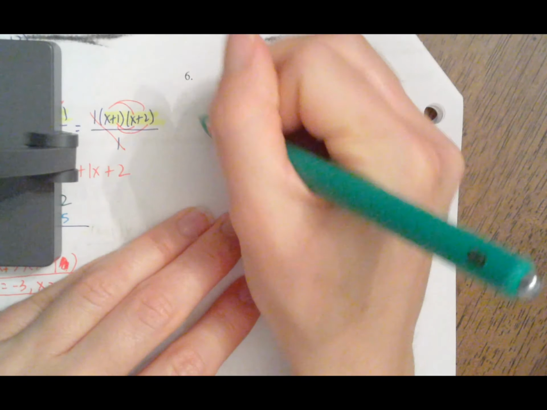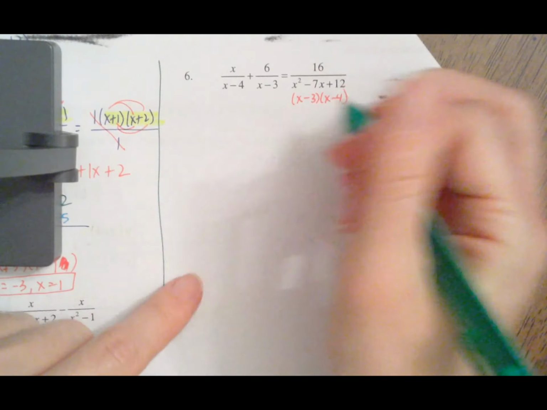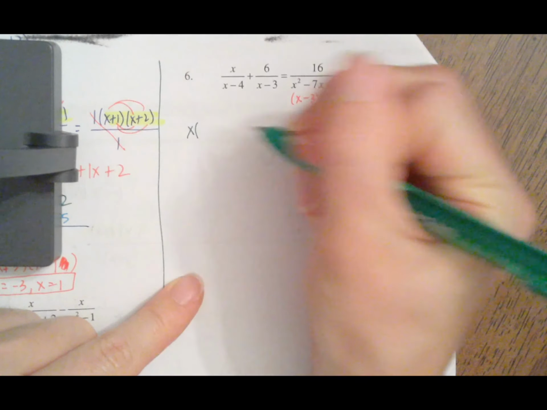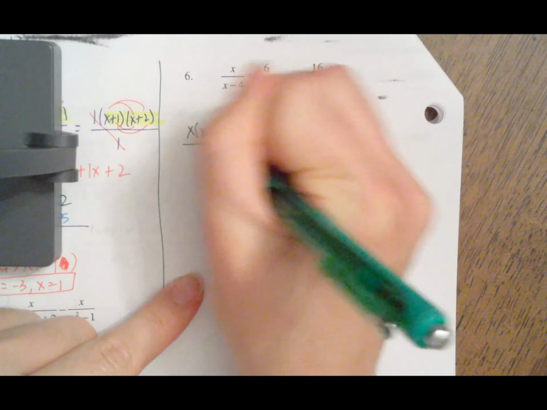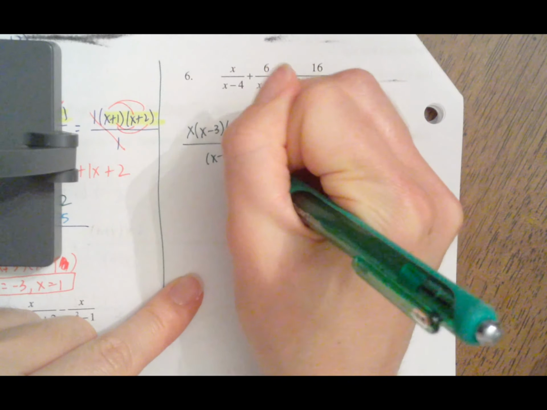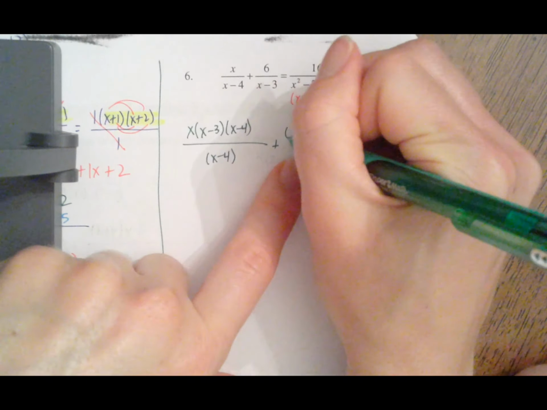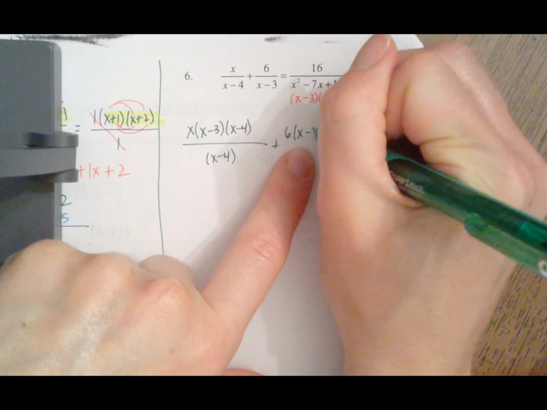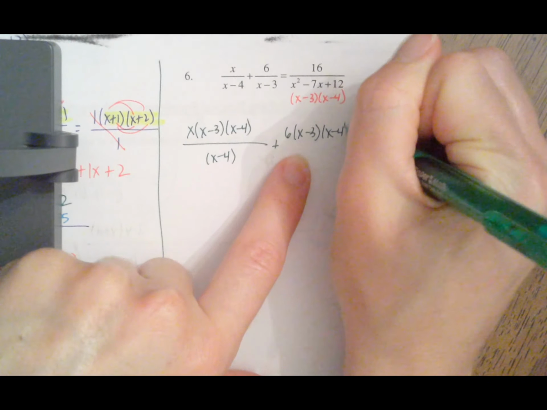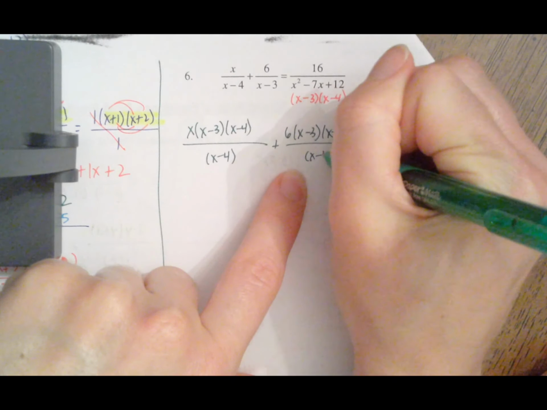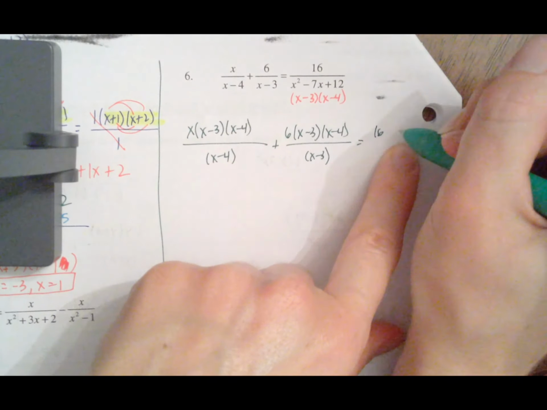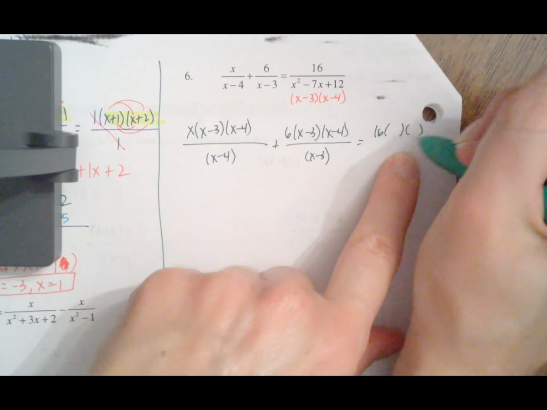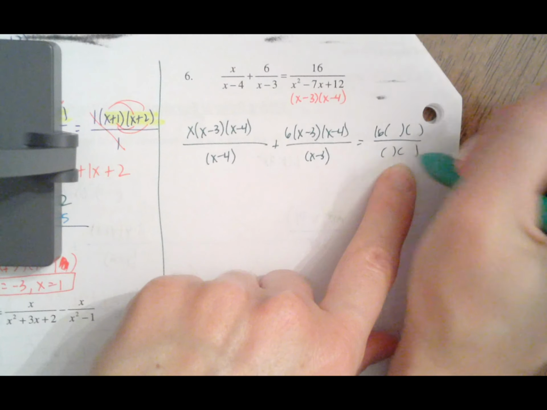All right, so we have an x minus 3 and x minus 4, all over an x minus 4, plus a 6, x minus 3, x minus 4, all over an x minus 3, and then a 16. I'm going to cheat a little bit and just put those so I don't really have space.